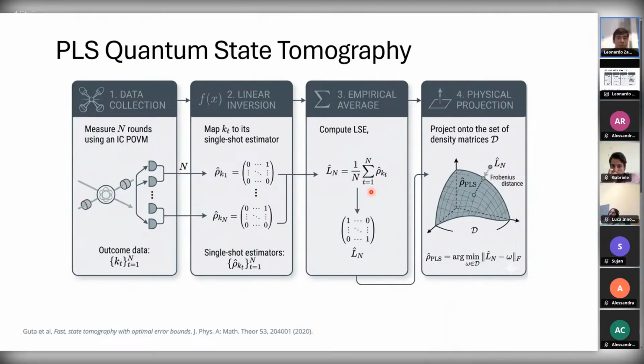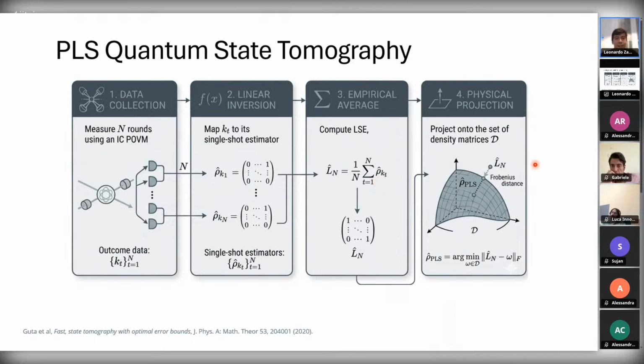Then we compute this empirical average. This is just adding these n single shot matrices together and then dividing by n. And this is also an unbiased estimator of the quantum state.